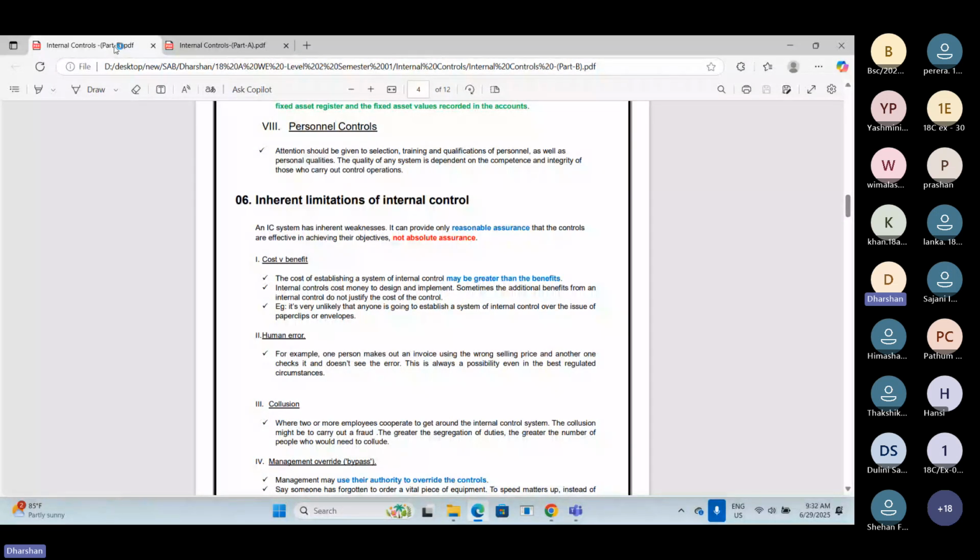Then there is no point in implementing the internal controls. Let's take two scenarios. One company has not implemented the control in step up in consumption and purchase and consumption.